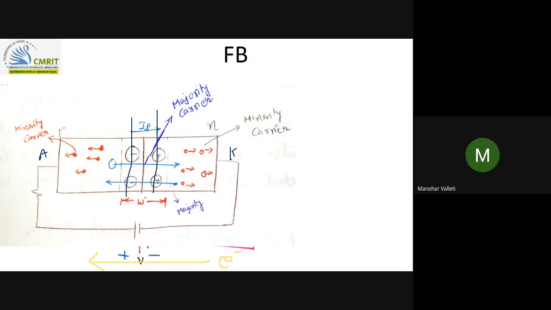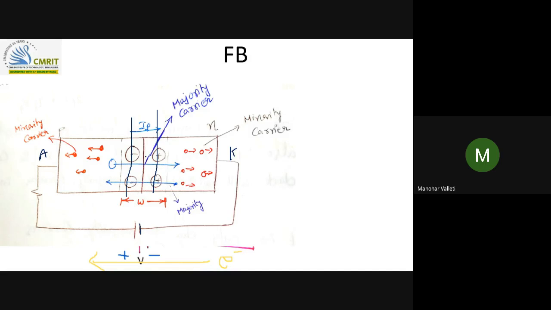In other words, you see, the negative terminal is here, and holes were there, so this negative terminal will attract these holes. As the concentration here is increasing, the holes will try to move towards this side. The same way electrons will try to move towards that side. That makes the depletion region lesser.